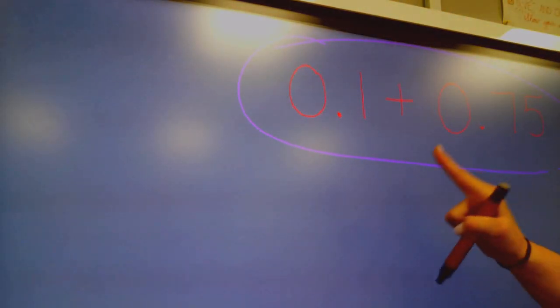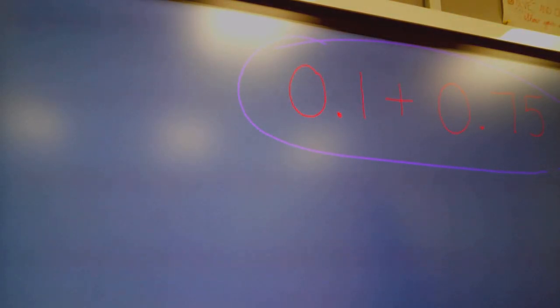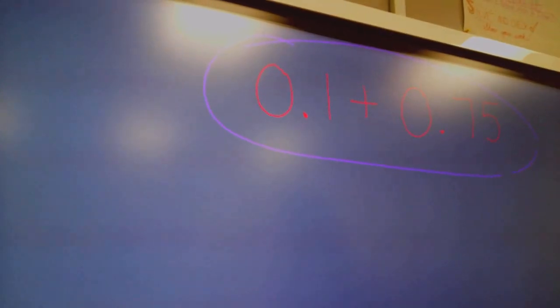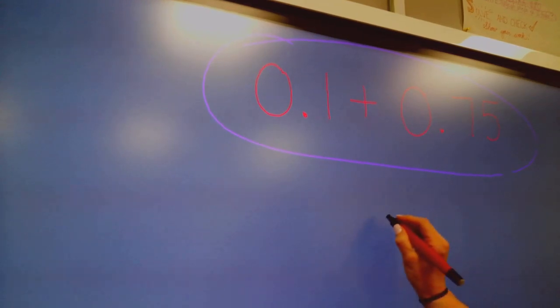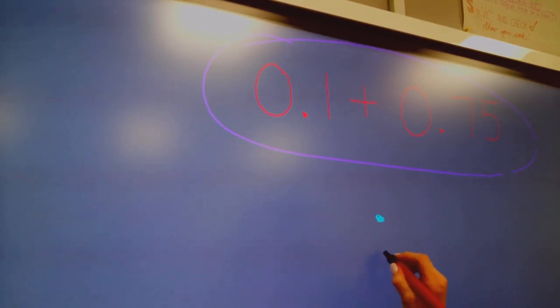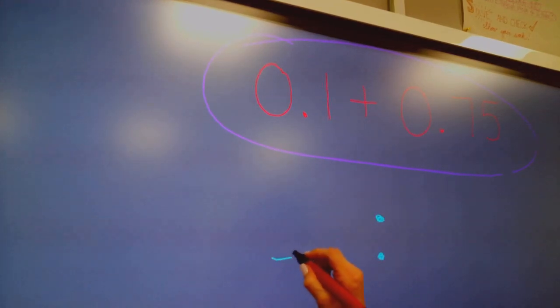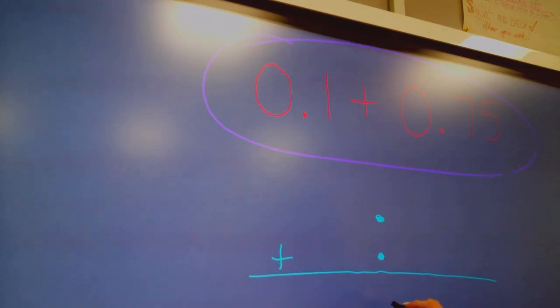Yep, okay. So now I'm going to rewrite this problem, but I'm going to stack them up on top of each other. And the first thing I'm going to write down is my decimals, because my decimals have to stay lined up. If I keep my decimals lined up, then I'm going to keep my place values lined up.